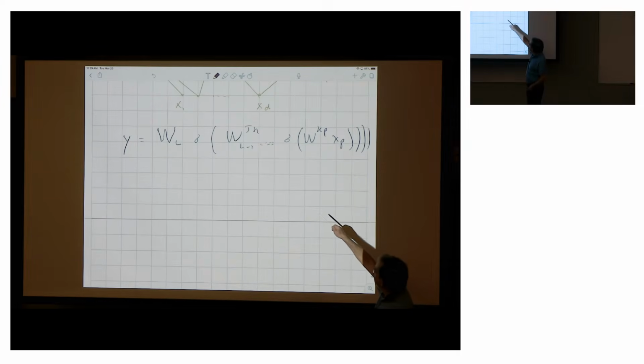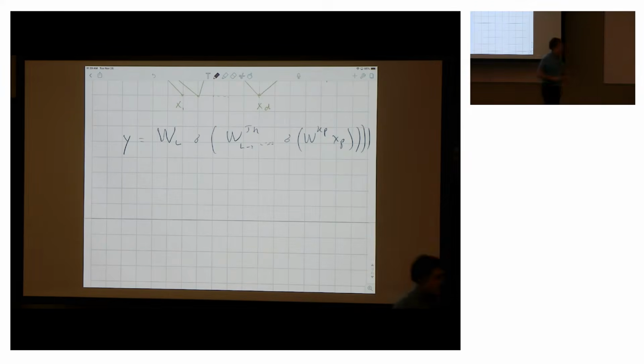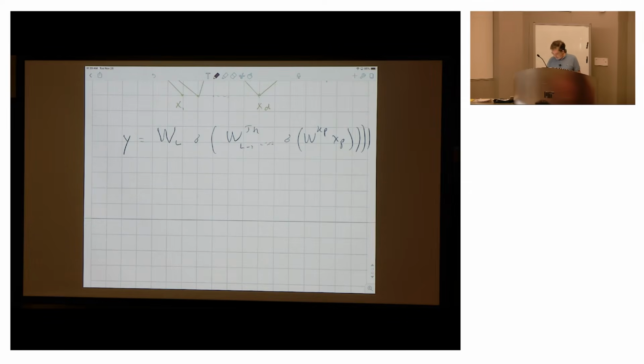You have the layer as the subscript, like L minus 2, 1, this would be 1 here. Let me write it. And the other one will be, so KP will be the weight from unit K to input P.